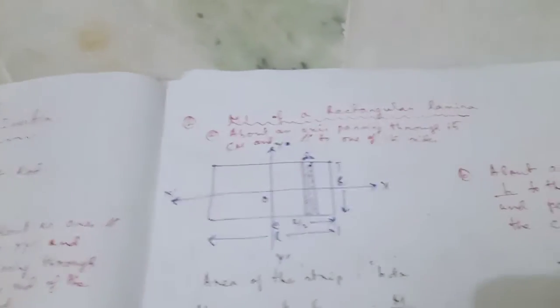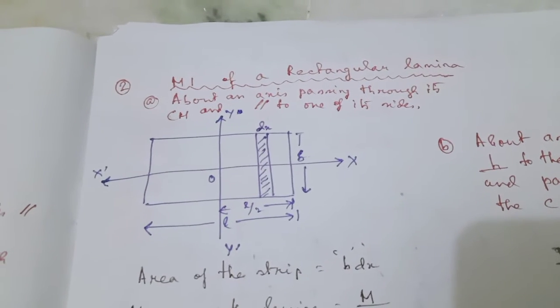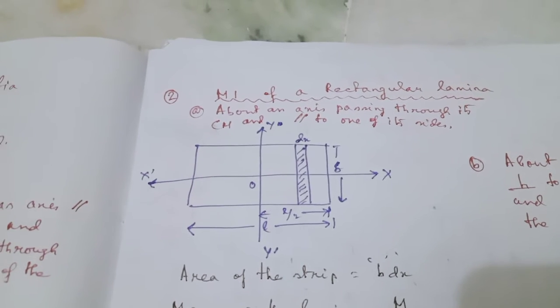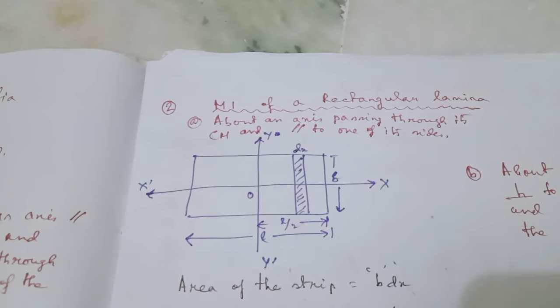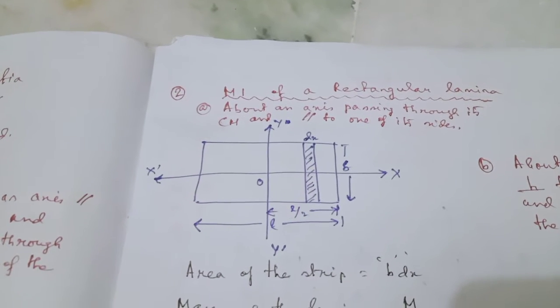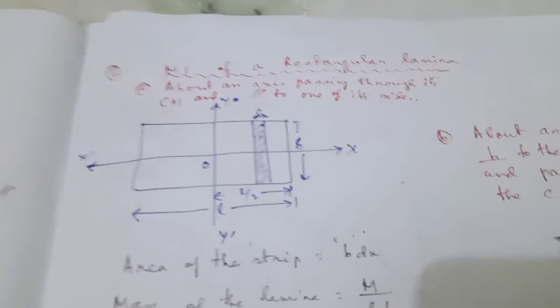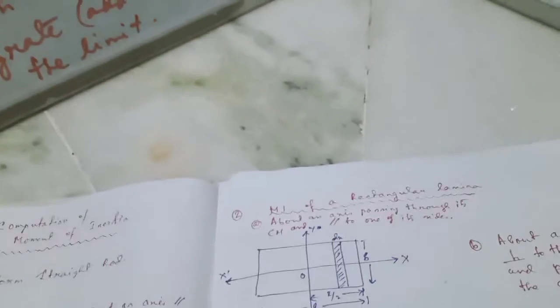Now if you are asked to compute the moment of inertia of a rectangular lamina about an axis passing through its center of mass and parallel to one of its sides, we can consider a lamina. This is the lamina.